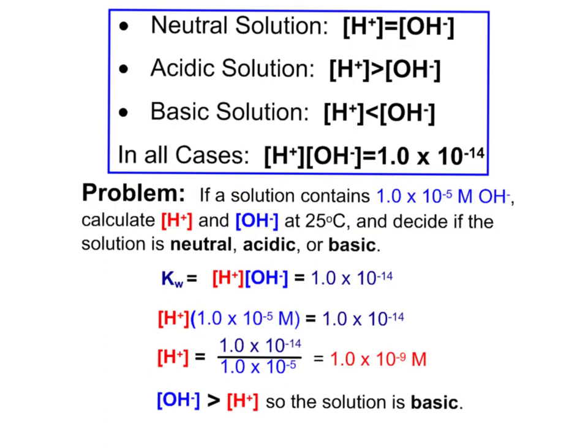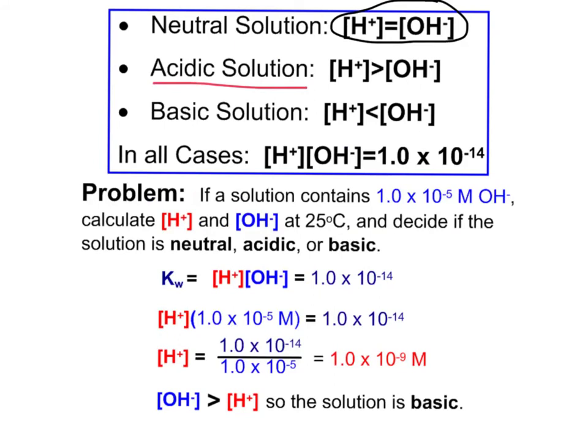In a neutral solution, the concentration of protons and the concentration of the hydroxide ions will be equal. In an acidic solution, if we put some acid in our water, we will end up disturbing this balance, right?